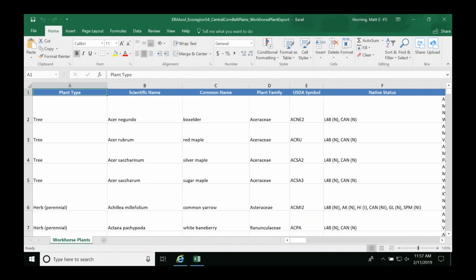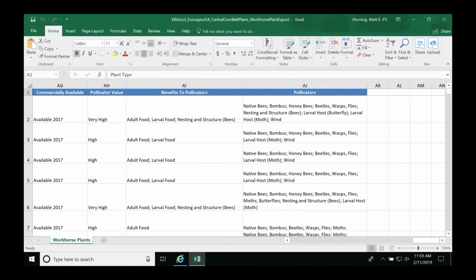And this just shows the species name and its native status, and it basically downloaded all those fields that I showed you earlier. And then all I did is move over a little bit in Excel, and I'm just showing you that we're showing commercial availability. Yes, we saw that it was available in 2017. I'm looking at this top line here. It has high pollinator value. It's good for adult food, larva food, nesting and structures for bees. And then we have a whole list of species that would be utilized in this plant.